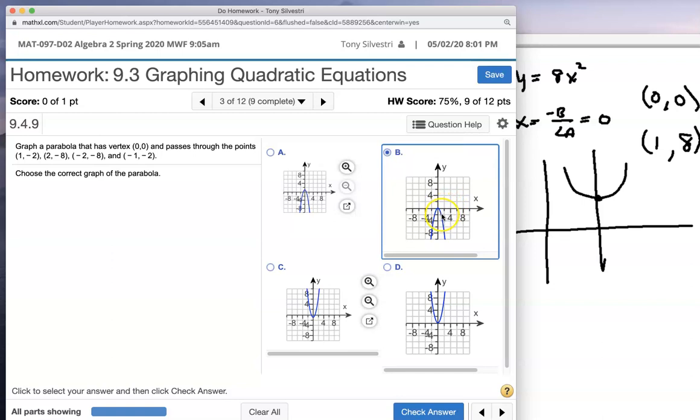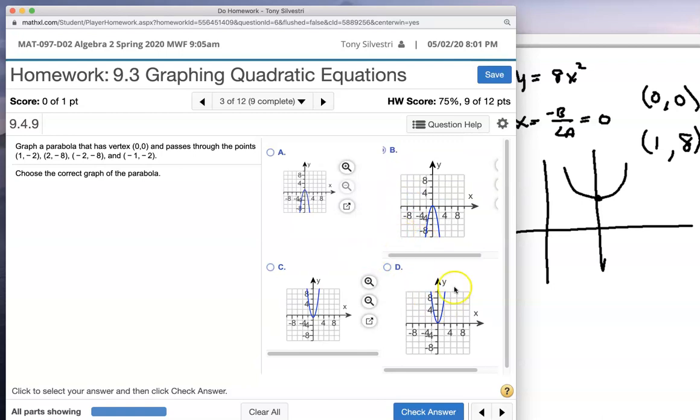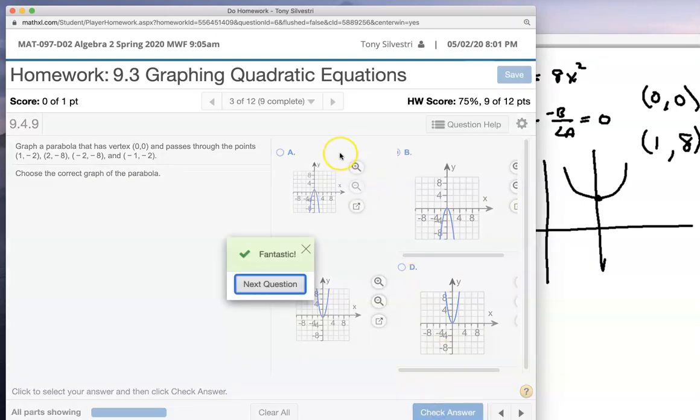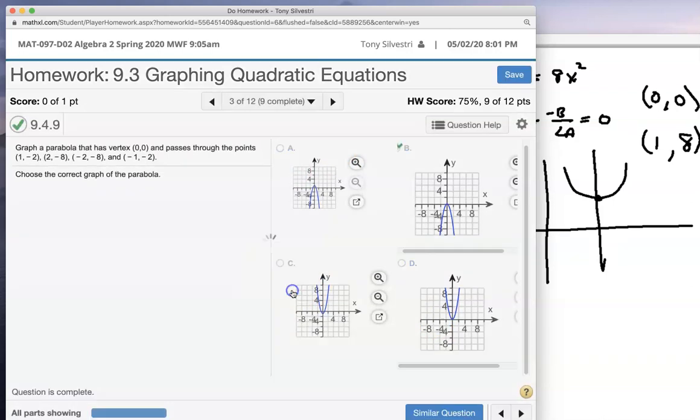It's got to match that point on the graph, and it hits there at a negative. So 1, negative 2, I'm going to say B for that problem. Check your answer. See? There you go. B.